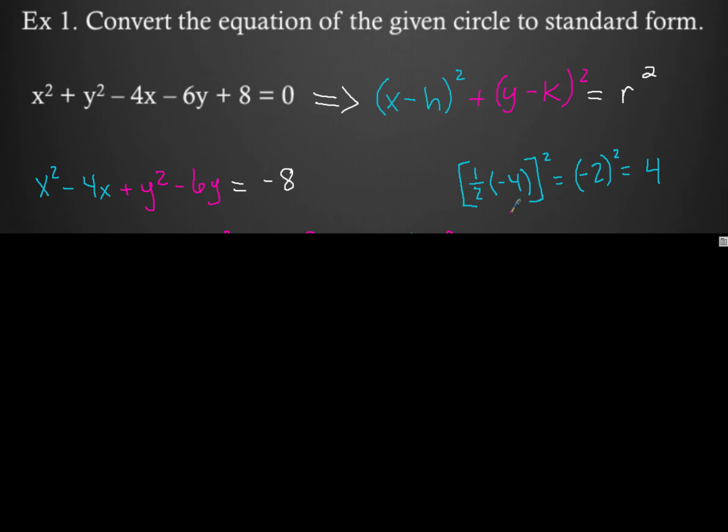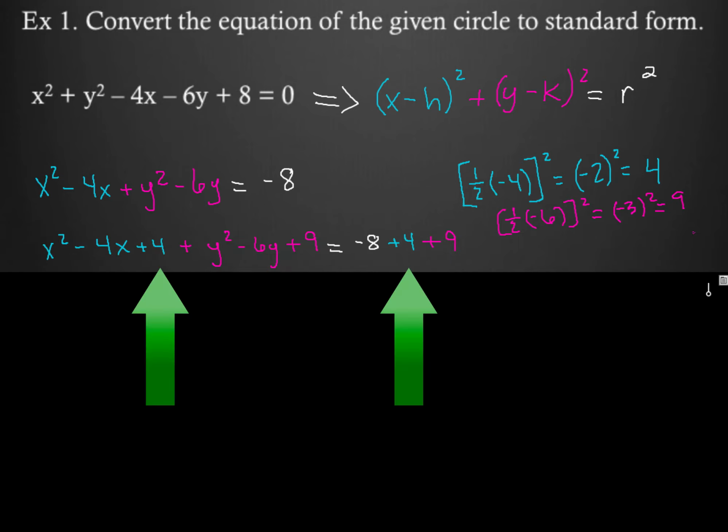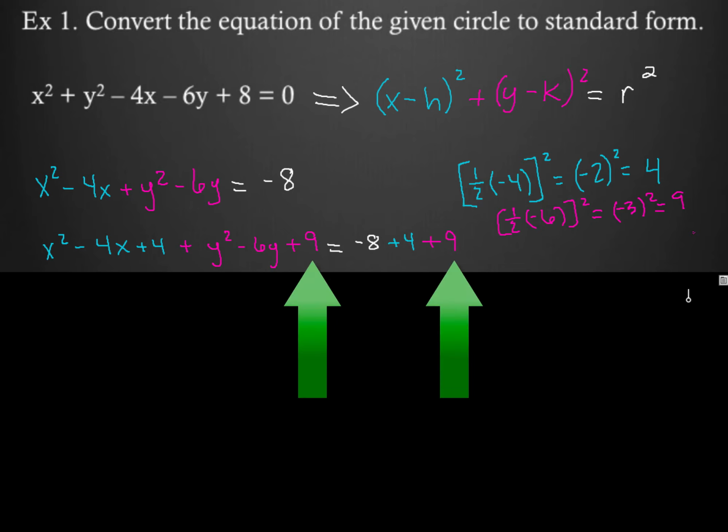So I'm going to take half of negative 6, same kind of idea, and square that as well. Half of negative 6 is negative 3. When you square negative 3, you end up with 9. Now that is completing the square, and we're going to take a look at that here in our next step. So I've got to add 4 and add 9 onto both sides of my equation.